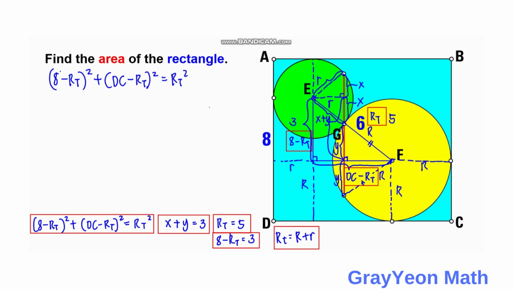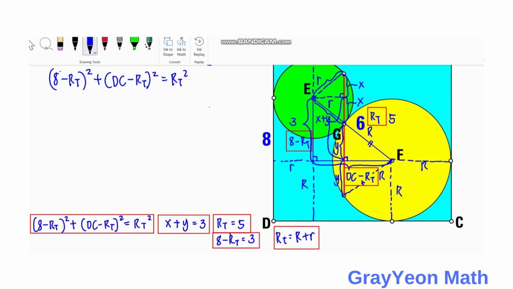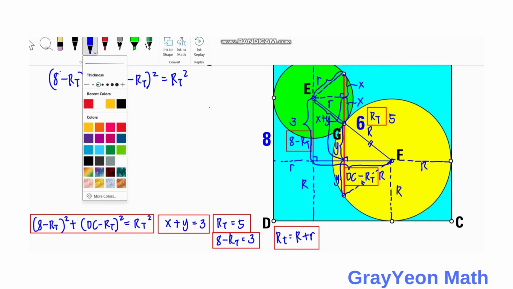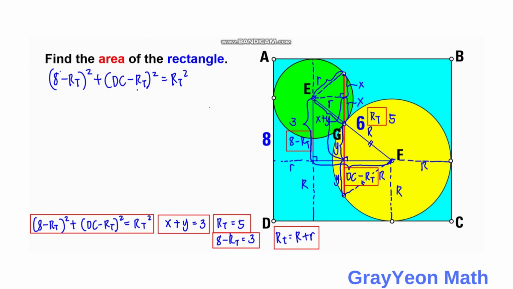Okay, so going back to the first equation that we got earlier. It was 8 minus r sub t squared plus dc minus r sub t squared is equal to r sub t squared, with dc being the length of the rectangle.